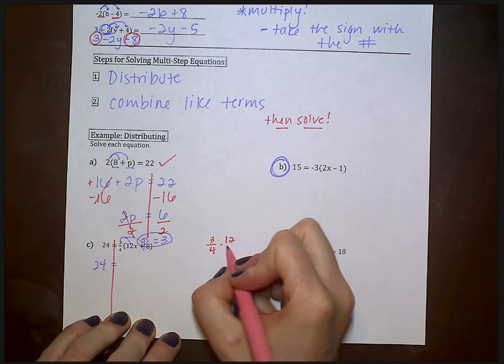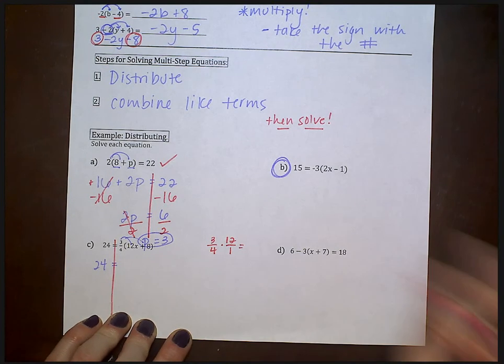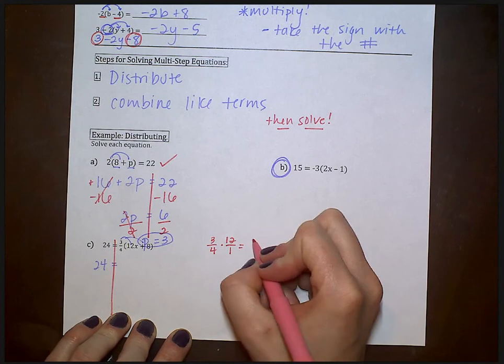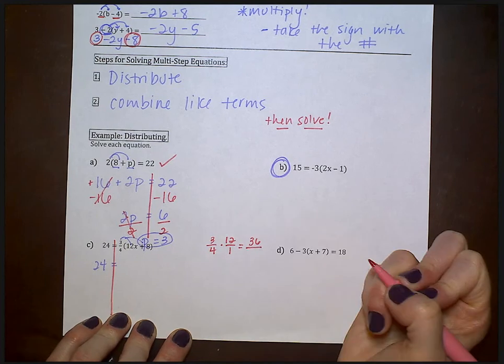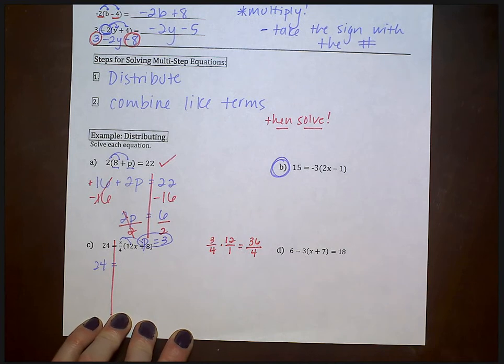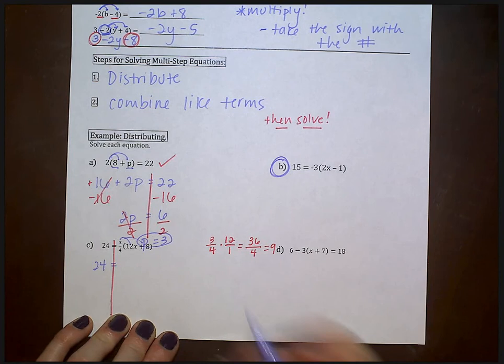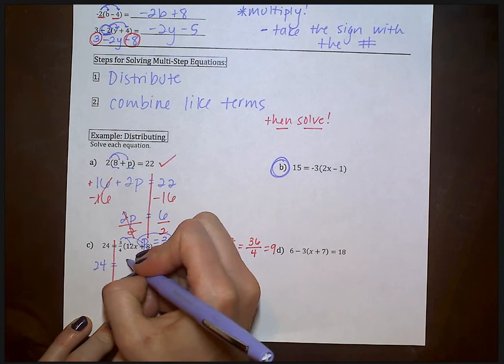Now I'm going to make 12 a fraction by putting it over 1. I do not need a common denominator when I'm multiplying fractions. So 3 times 12, I multiply across, is 36. 4 times 1 is 4. Oh, this is nice. 36 divided by 4, that's just 9. So 3/4 times 12 is just 9.